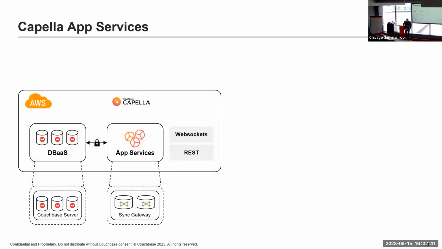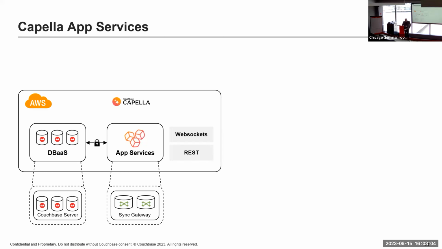So digging into specific topologies just for a second, Capella is available, of course, on AWS in the marketplace, and provides hosted and managed database as a service, which is running Couchbase Server under the hood. And it provides fully hosted and managed app services. And this is running that Sync Gateway under the hood. Same technology, just when it's hosted, we give it a slightly different name.